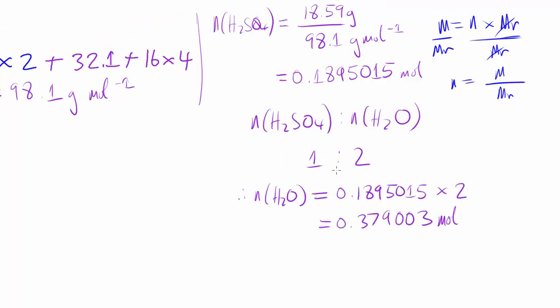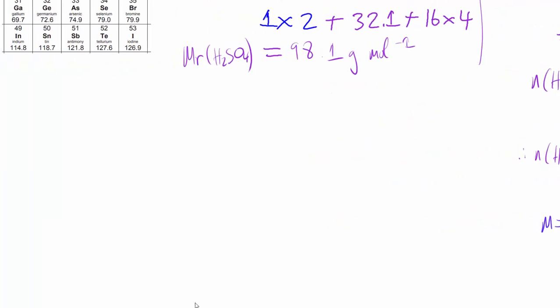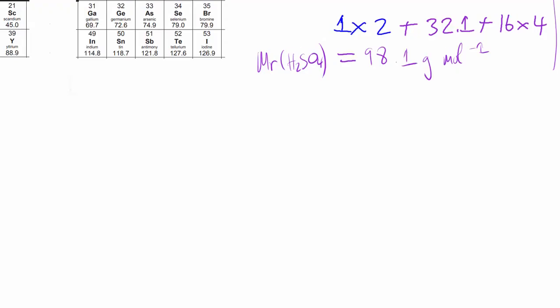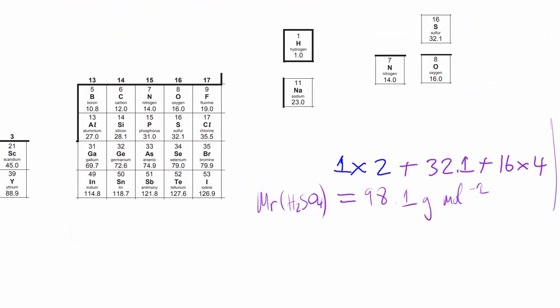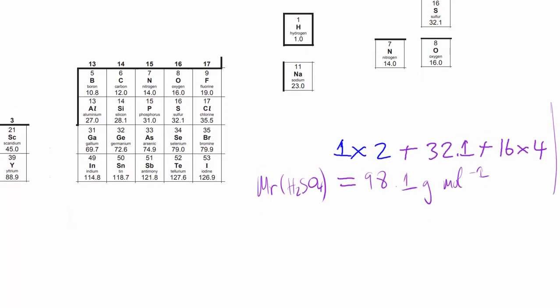So we need the molar mass of H₂O for the next step, because the mass is equal to the moles multiplied by the Mr of H₂O. If we refer back to the periodic table, we can work out the molar mass of H₂O, even though it's quite commonly known.